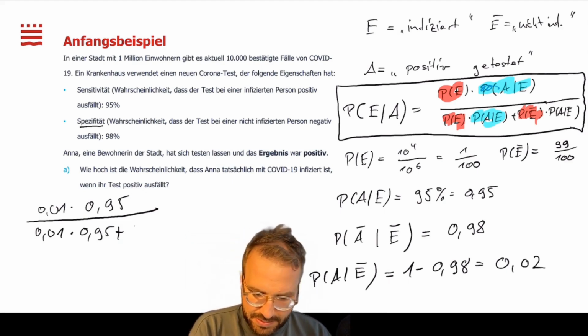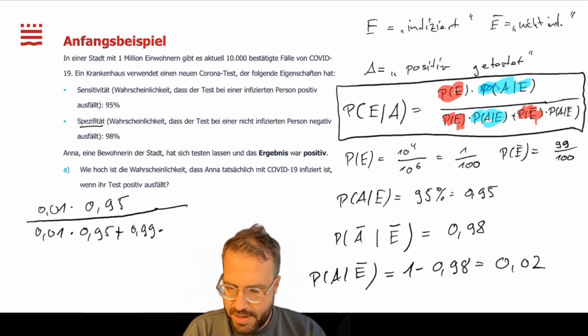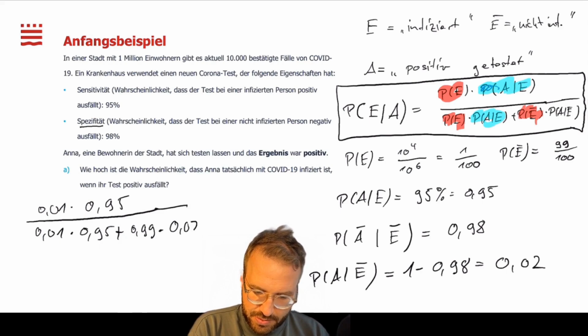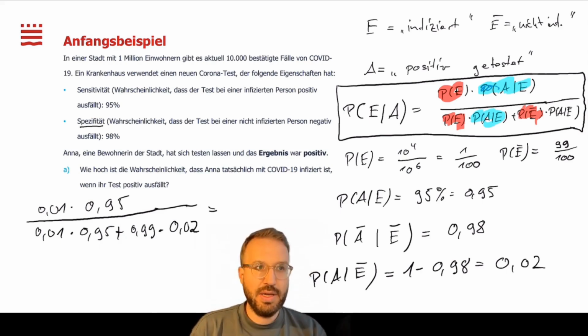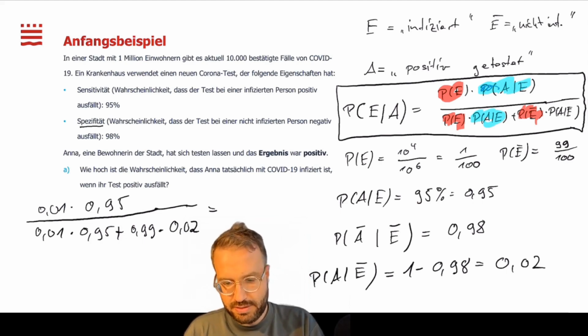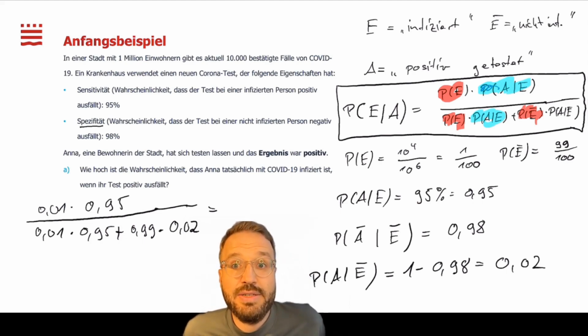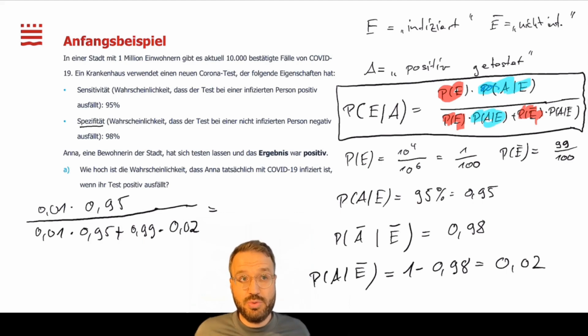P of not E is 0.99 times P of A given not E, which is 0.02. Yes, please calculate the result. I'm curious to see what you come up with, but this task is not that straightforward.